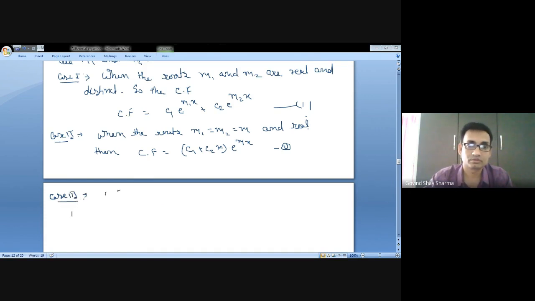Case 3: when the roots are complex or imaginary, like alpha plus minus i beta.